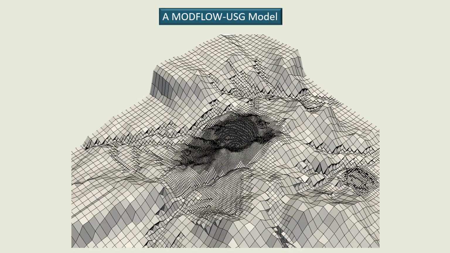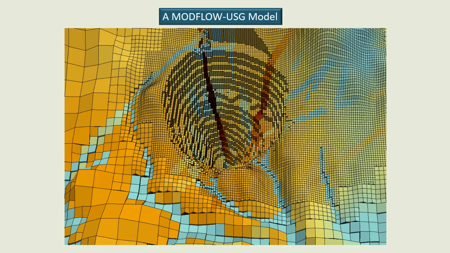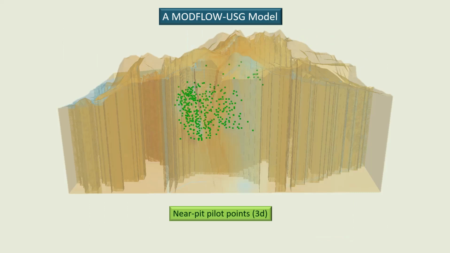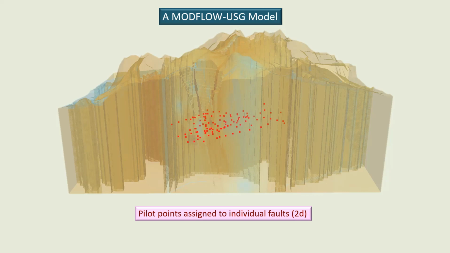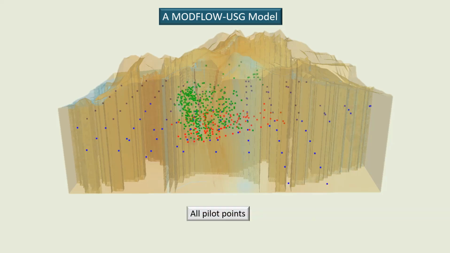This model was actually built by a colleague of mine, and this is coloured according to the log of hydraulic conductivity estimated through the inversion process. 3 sets of pilot points were employed, all emplaced and regularized using utilities supplied with the groundwater utility suite provided with PEST. 3D pilot points near the pit, regional 2-dimensional spatially variable pilot points, and pilot points arranged along the different faults which intersected the pit.